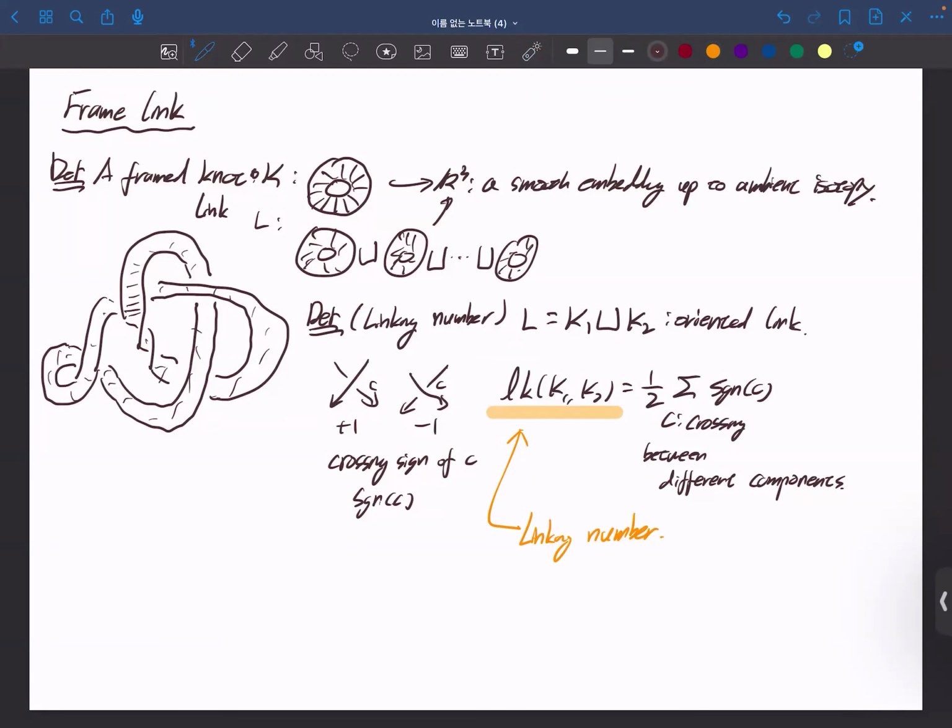So for example, let's say we have such a two-component link, let me draw it.